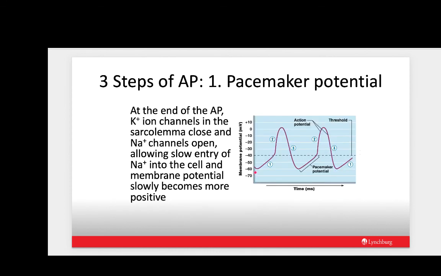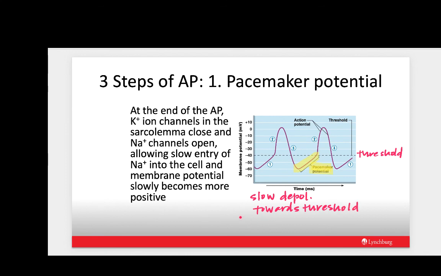So here's step 1, our pacemaker potential, and it's this area here. This is what we mean by our unstable resting potential. It's constantly depolarizing towards threshold. Here's our threshold, indicated by this dotted line. So we have a slow depolarization towards threshold, and that's what we mean by the pacemaker potential.